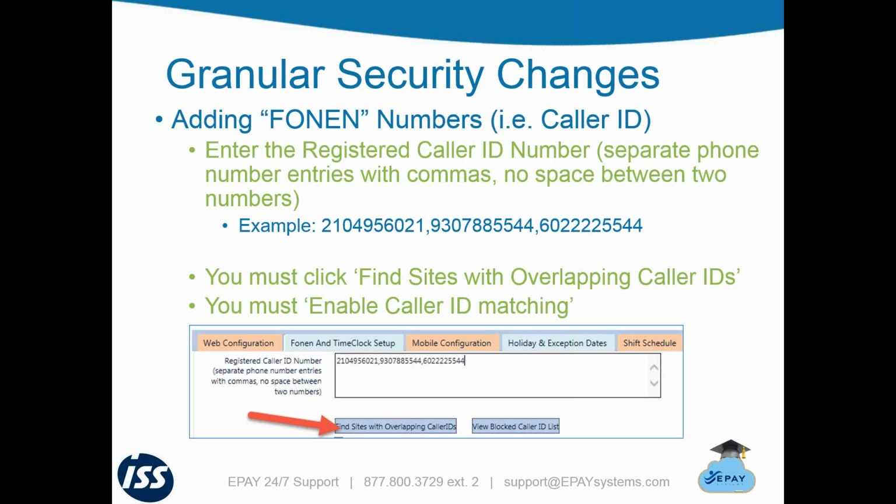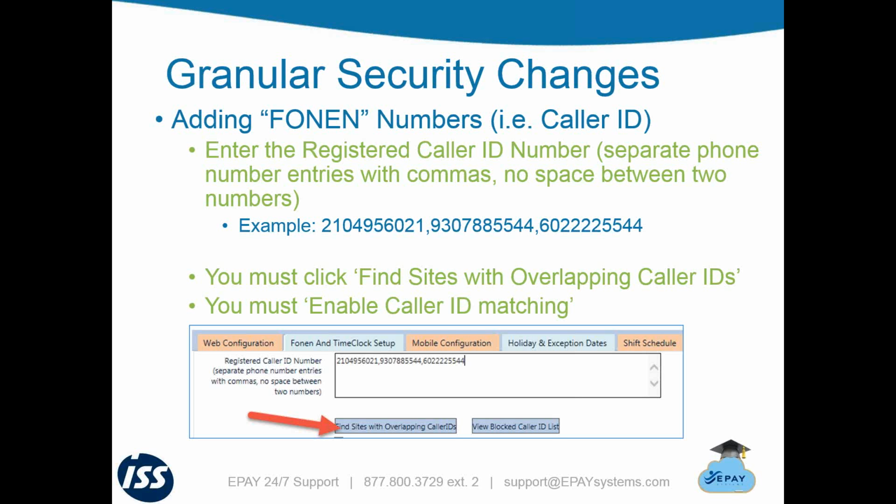If you go into Find Sites with Overlapping Caller IDs and find that you have used that number on another job, then either A, remove that number from the other job and add it to the new job; B, don't add it to the new job and just keep it on the old job; or C, remove it altogether, because phone-in needs to be unique. We want a one-to-one relationship on every job to phone number.